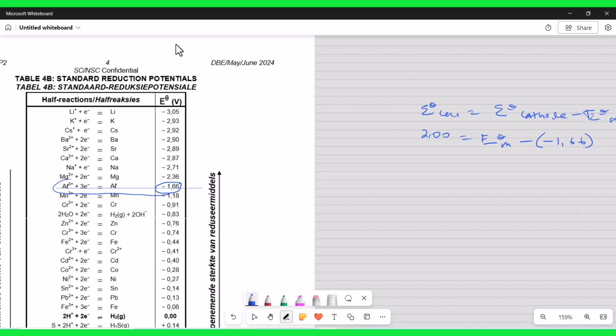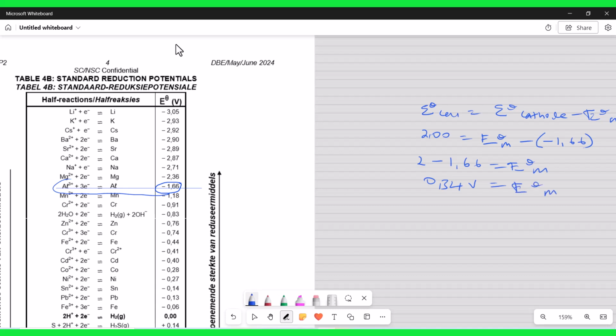So it means I'm going to have now 2, then becomes positive, 2 minus 1,66 equals E standard for M. So what do you get, guys, when subtracting? Here it gives me 0,34. I get what? 0,34 volts equals my E standard for M.